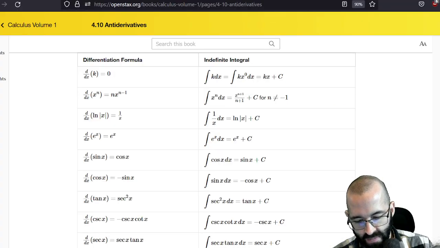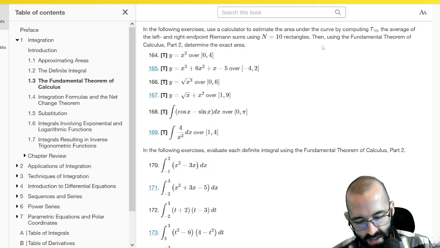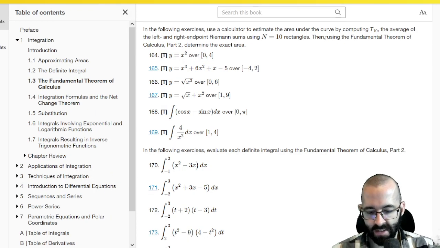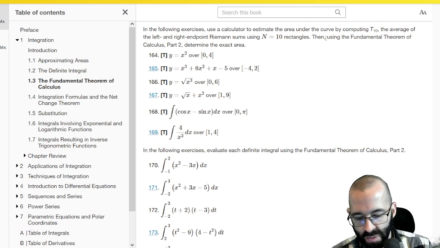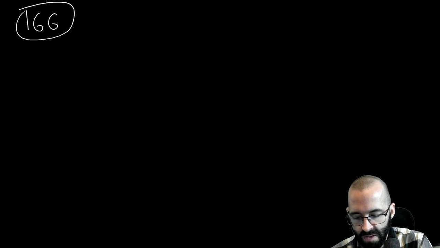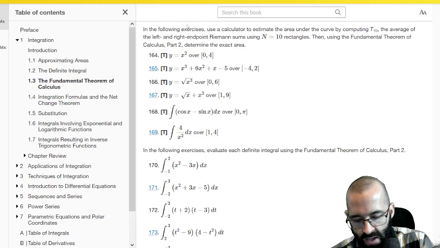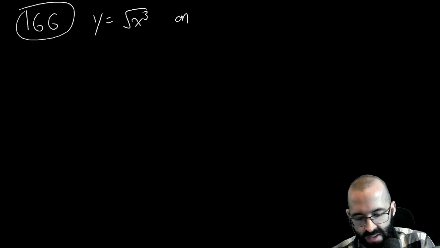That's going to be our first step. And then we'll use FTC to determine the actual area. So for 166, that's y equals the square root of x cubed, and we're looking at the interval from 0 to 6.